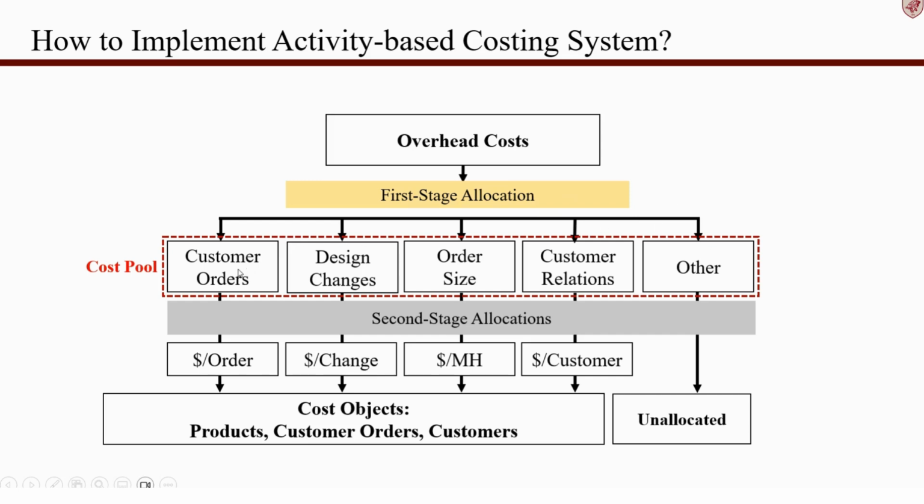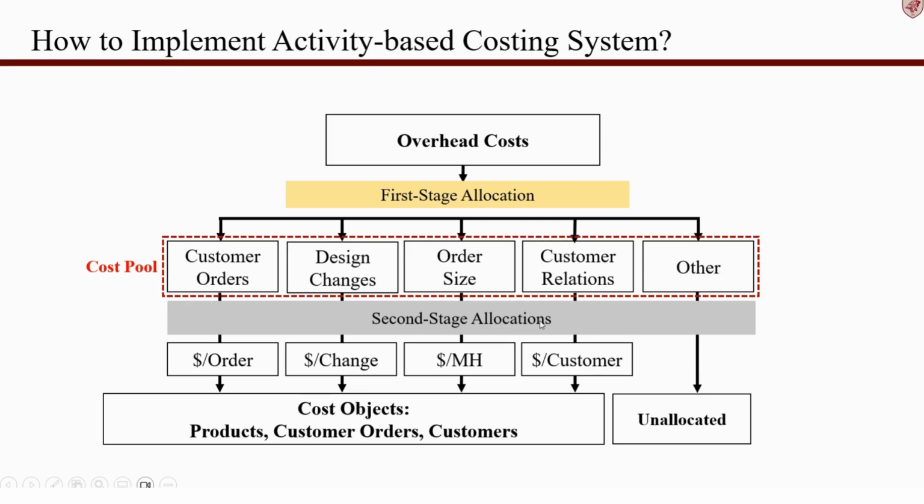Okay. So let's say there is a cost of customer orders, design changes, the order size, the customer relations, and there can be some other overheads that are not necessarily easy to classify. So they are called others. And then you would just use the same allocation rate.